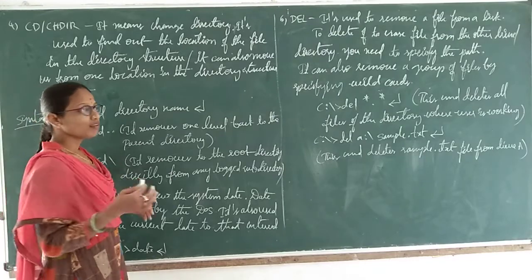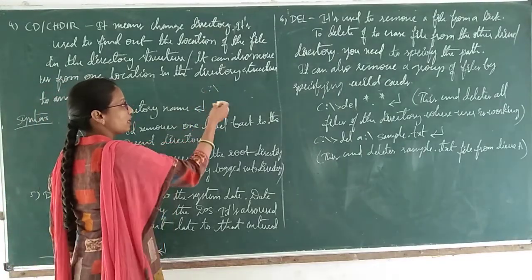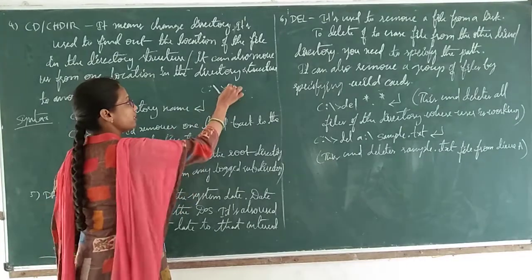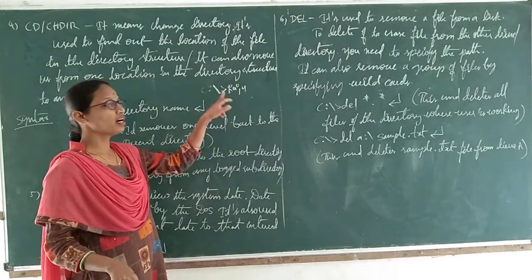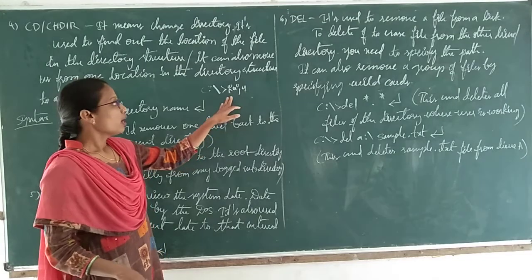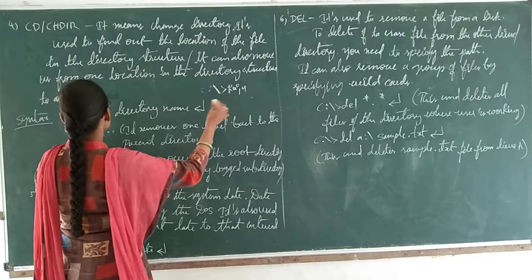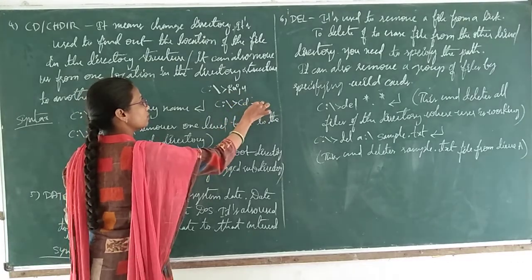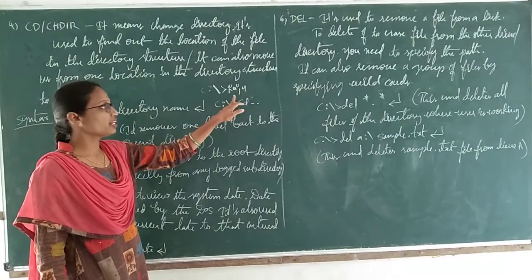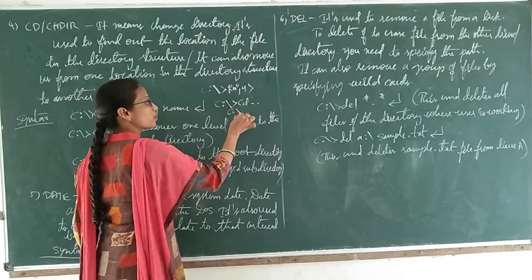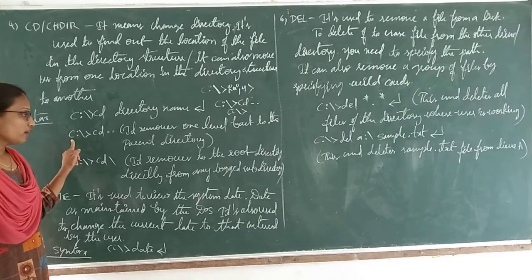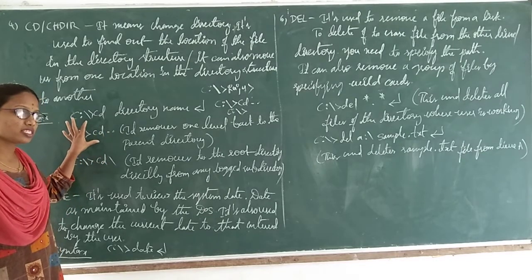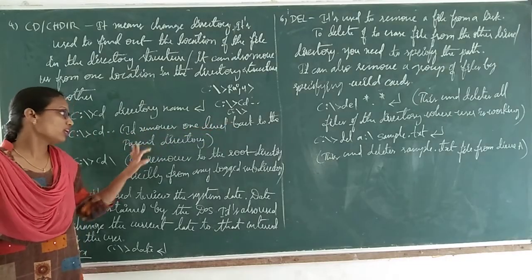For example, we have created a directory under the C drive root directory, called Raju. Using CD dot dot, we change from the Raju directory back to C. Using this syntax, it moves one level back to the parent directory.